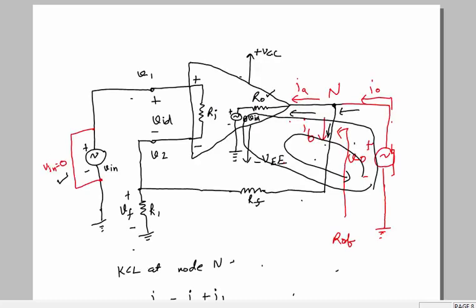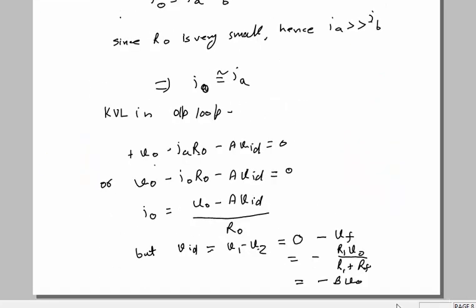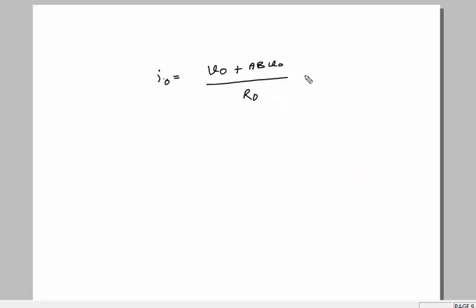Okay, we put this value here and we got this equation: I naught equals V naught plus AB V naught divided by R naught. If I take V naught common, it will be V naught times 1 plus AB divided by R naught.